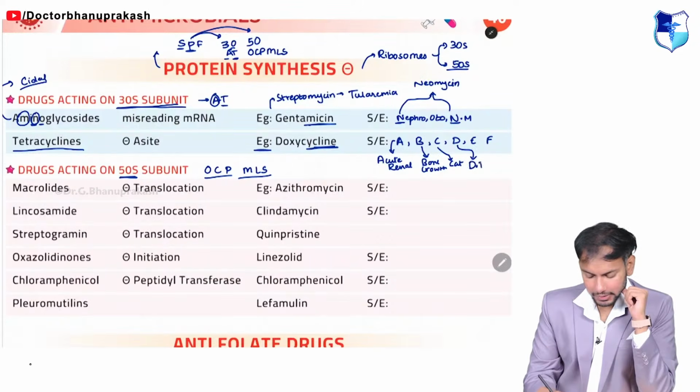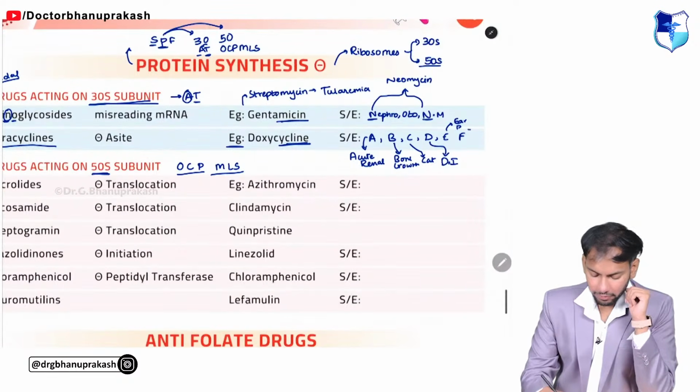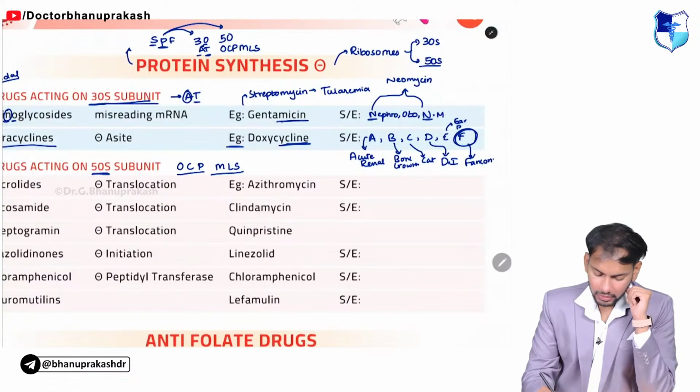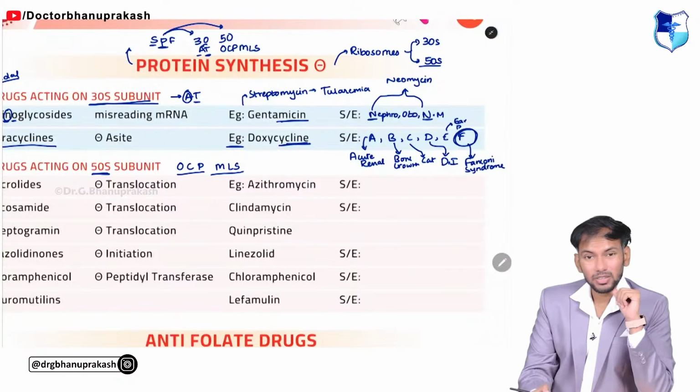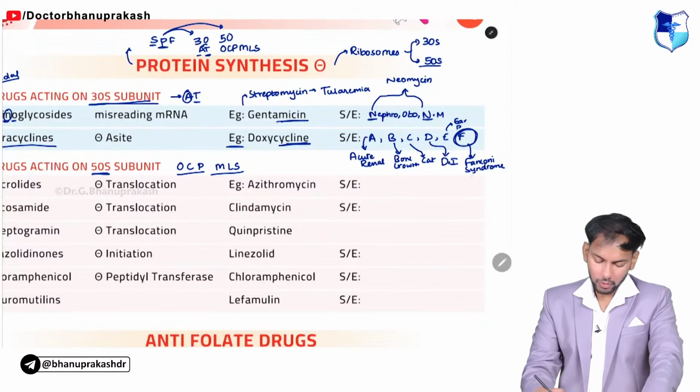D, diabetes insipidus. E, ear dysfunction. What is important in all of this is F. F, it is Fanconi syndrome. How do you have Fanconi syndrome? Whenever you take an expired tetracycline, it will cause Fanconi syndrome.